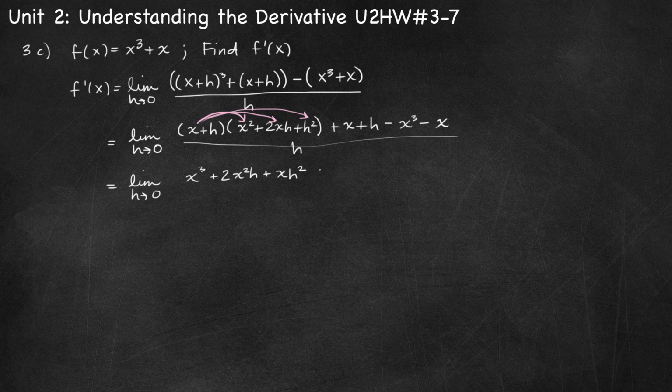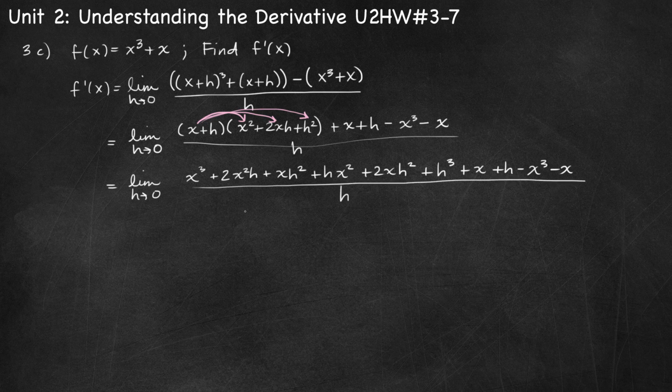Now I'm going to distribute the h, so I get plus hx squared plus 2xh squared plus h cubed, and then the rest of it plus h minus x cubed minus x. All of that is still over h.